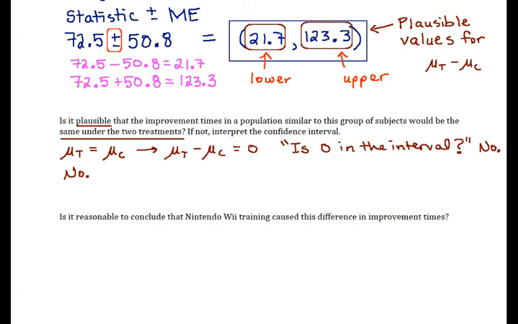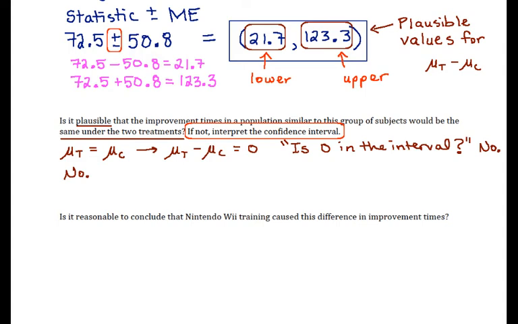Now we get to the second part of the question, which is, if not, which is the case here, interpret the confidence interval. So this is plausible values for mu sub t minus mu sub c, which we've said is plausible values for the difference in mean improvement times among individuals in a population similar to this sample between playing Nintendo Wii and not playing Nintendo Wii.